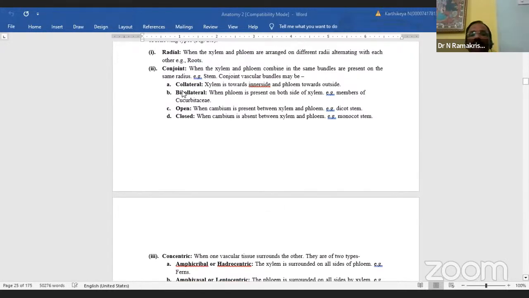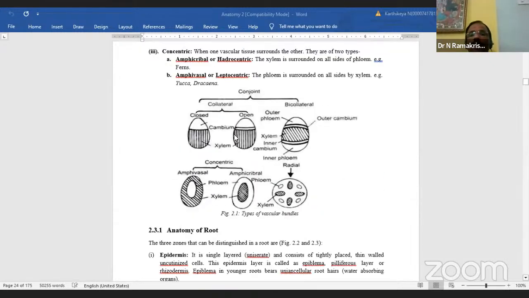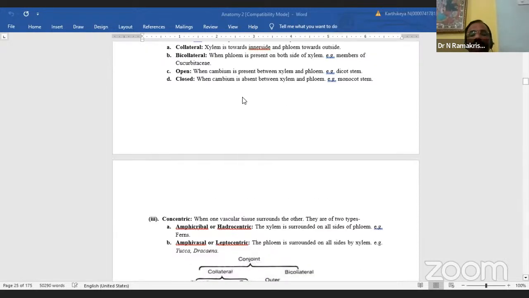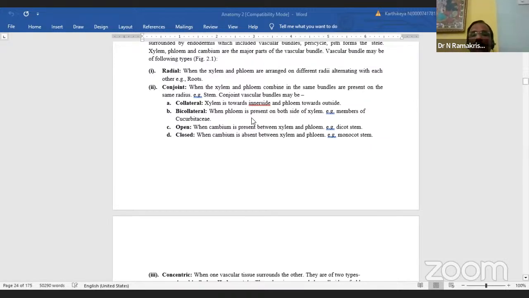The second one is collateral. In collateral, xylem is towards the inner side and phloem towards the outside. So we call that collateral.